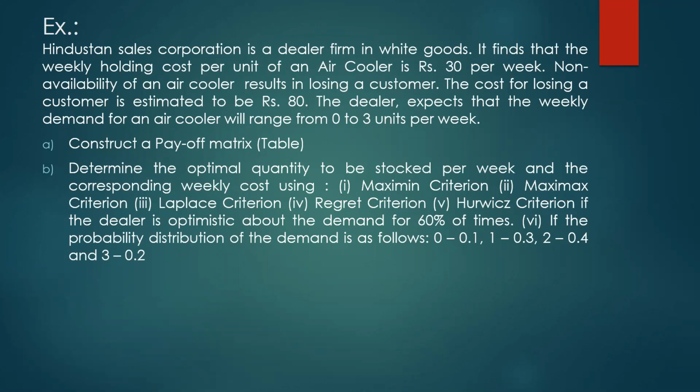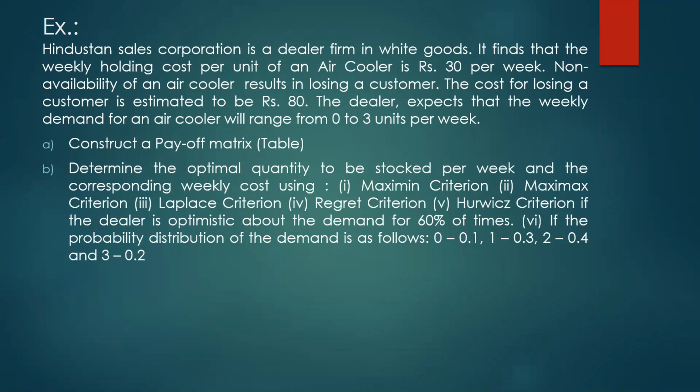Now, using this formula, where cost equals the number of customers lost multiplied by the cost of losing a customer plus the number of units unsold at the end of the week multiplied by the weekly per unit holding cost, I can construct my cost matrix.